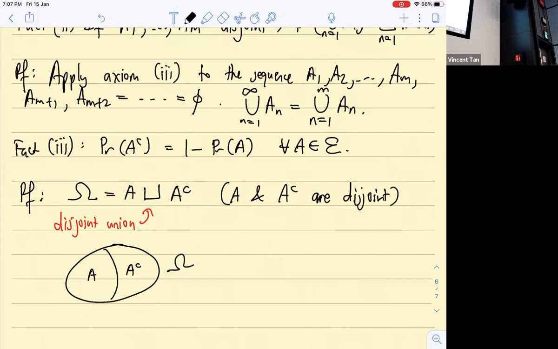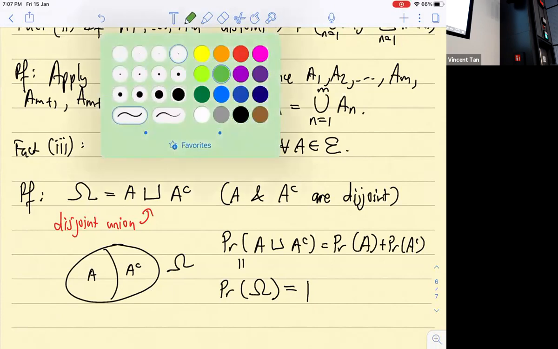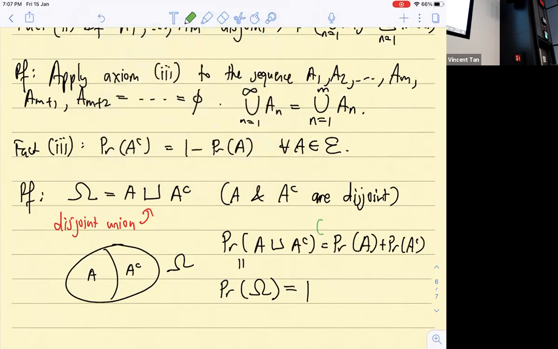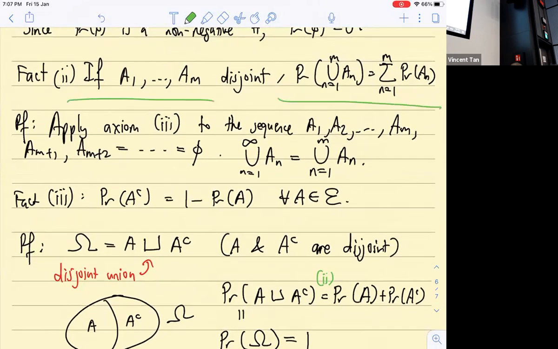So what do we know about disjoint? We know that the probability of A union A complement is equal to probability of A plus probability of A complement. But this is equal to probability of omega, which is equal to 1. All these things come from previous things that we have proved. This one comes from fact 2 that we have proved just now: for finite disjoint unions, we get a sum.